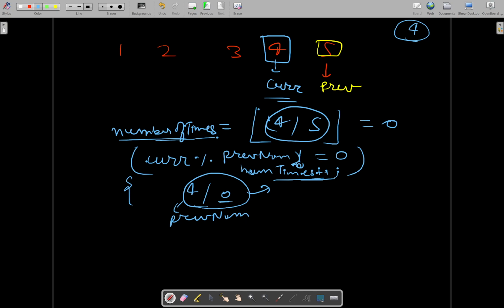So I hope this is clear to you why we are increasing this before calculating the previous number. And in this fashion, you will continue iterating your nums array in right to left direction.